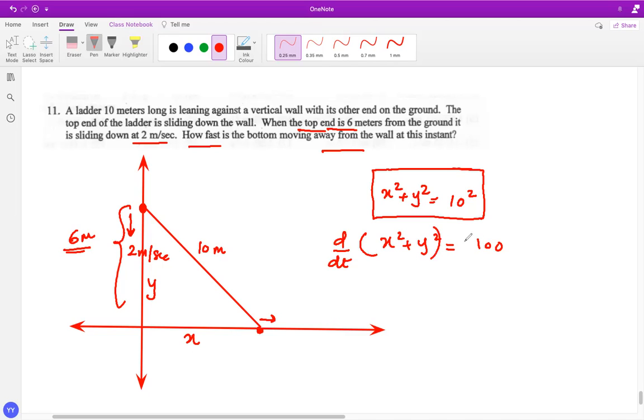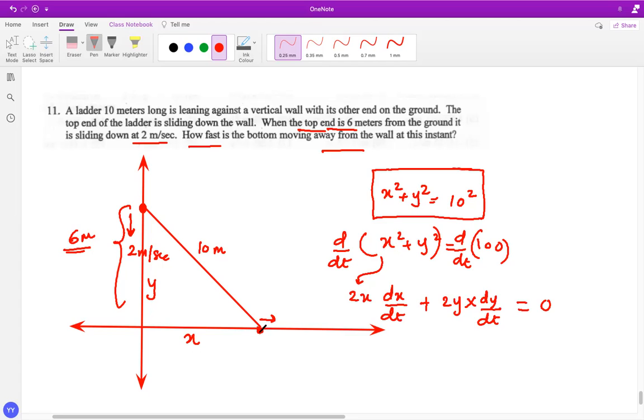The derivative of x squared is 2x times dx over dt, plus the derivative of y squared is 2y times dy by dt, equals 0. Here I'm keeping it very simple. You differentiate normally, and because you differentiate x with respect to time, you multiply by dx by dt. Similarly, the derivative of y squared is 2y times dy by dt.